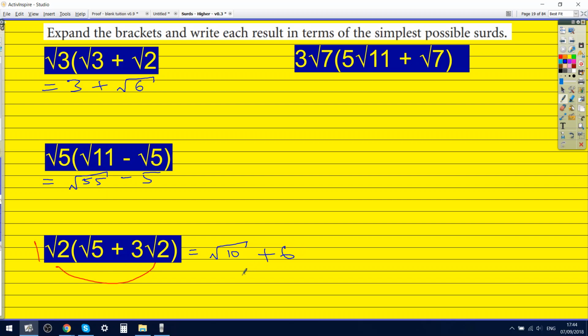Yeah. And so the long way of seeing that would be 1 times 3 times root 2 times root 2. 1 times 3 is 3. Root 2 times root 2 is 2. And so you've got 3 times 2. Okay, and then this beast, top right.